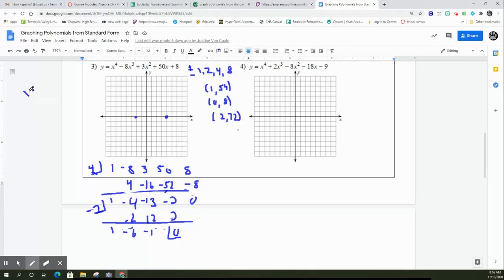So I have x squared minus 6x minus 1 equals 0. That's not factorable, so I'm going to have to use the quadratic formula again. So that is 6 plus or minus, it's going to end up being 36 plus 4, which is 40, over 2.